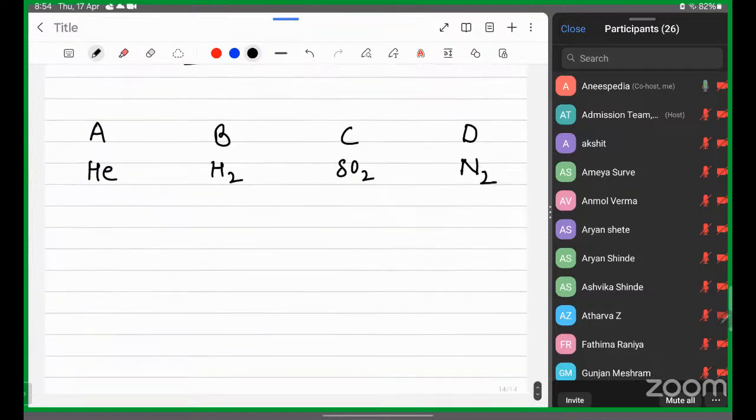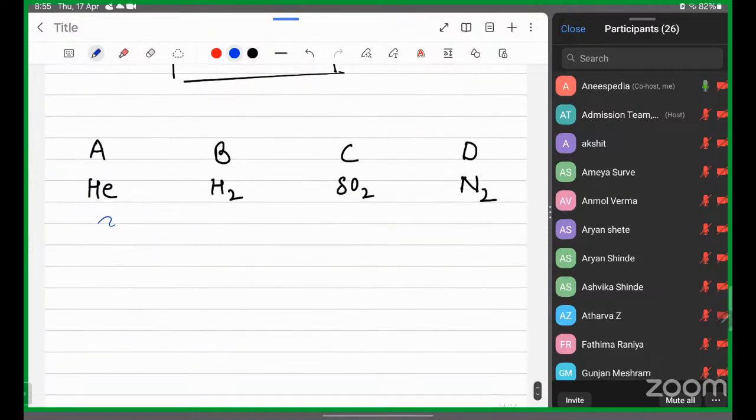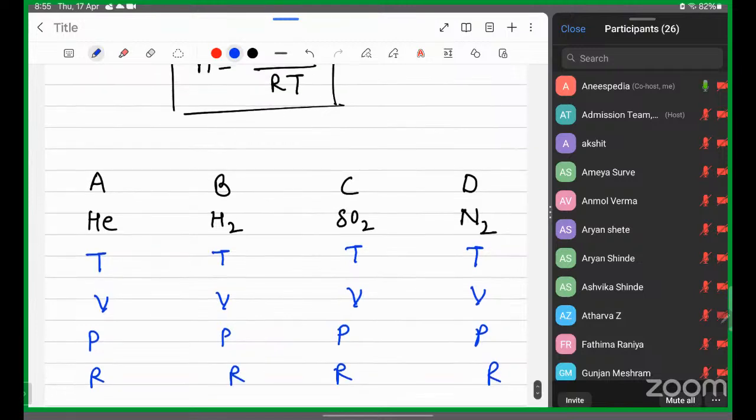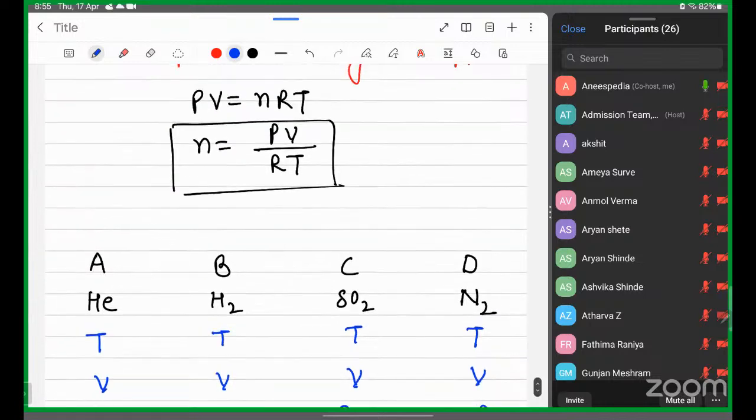All these gases are at the same temperature, the same volume, and the same pressure. R will always be the same for all types of gases. So P, V, T and R are all the same for all the gases.